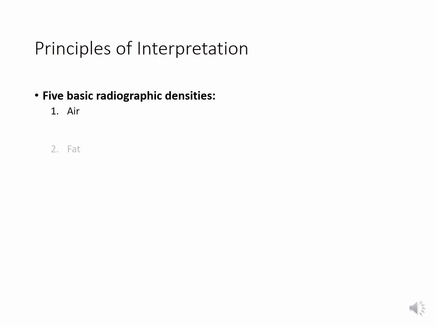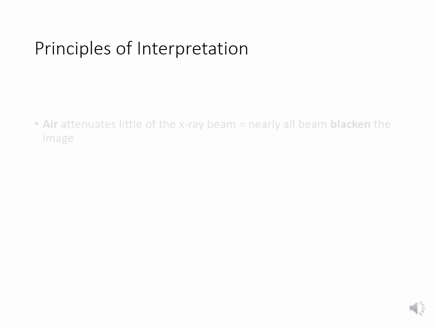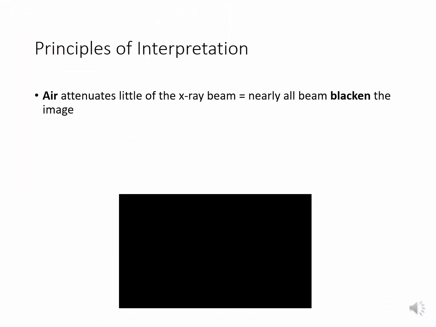So conventional radiographs demonstrate 5 basic radiographic densities: air, fat, soft tissue, bone, and metal or X-ray contrast agents. So air attenuates very little of the X-ray beam, allowing nearly the full force of the beam to blacken the image.